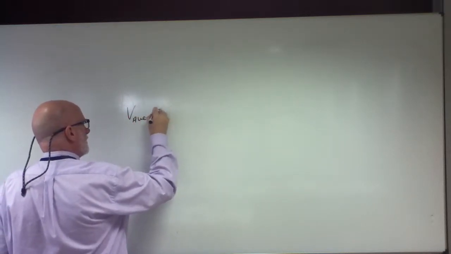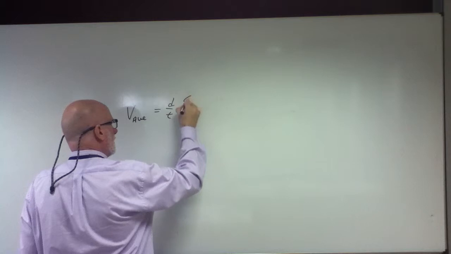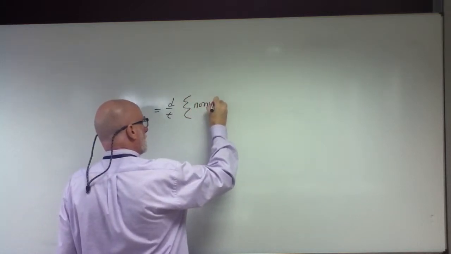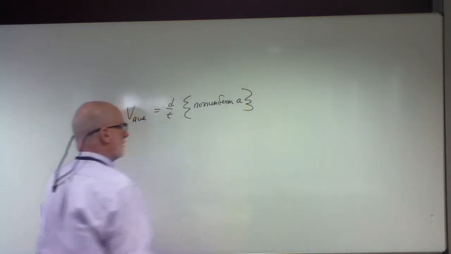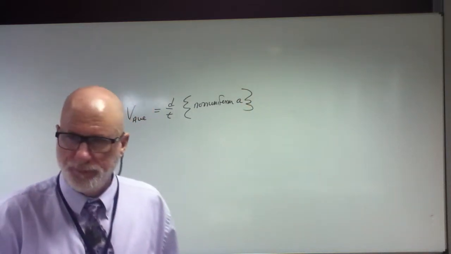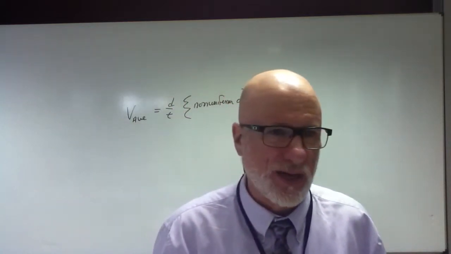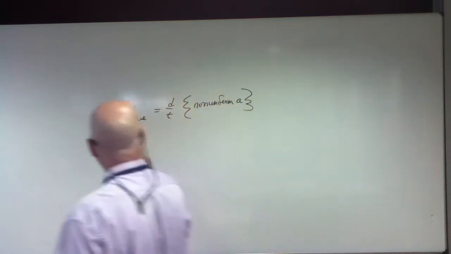Okay, so velocity average is d over t for non-uniform acceleration.